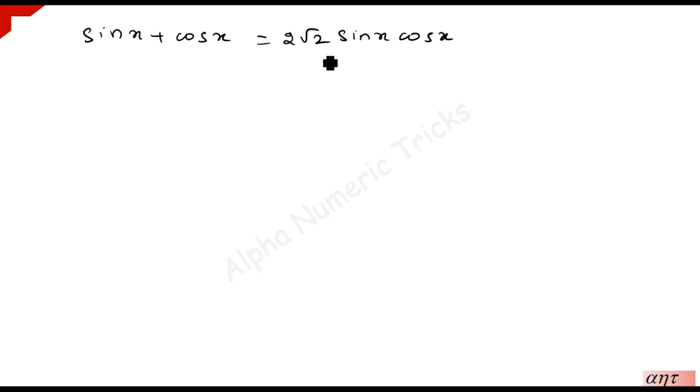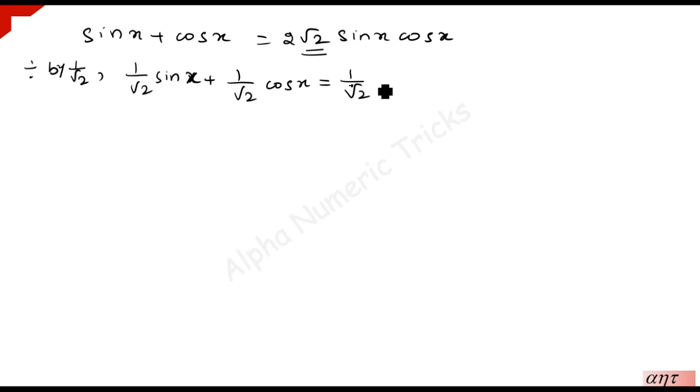Now we have to remove this root 2, so you divide throughout by root 2. So 1 over root 2 sine x plus 1 over root 2 cos x is equal to 1 over root 2 into 2 root 2 sine x cos x. This root 2 gets cancelled.